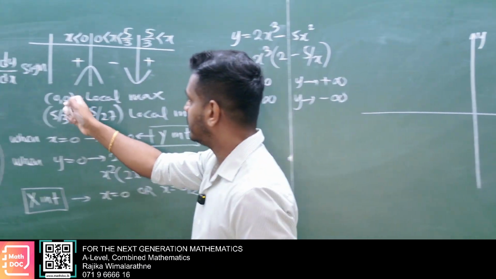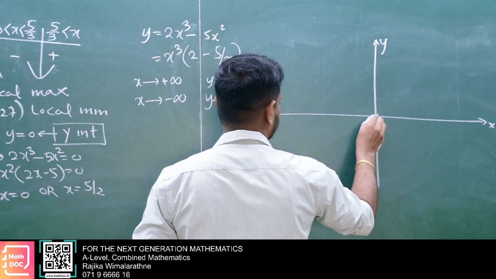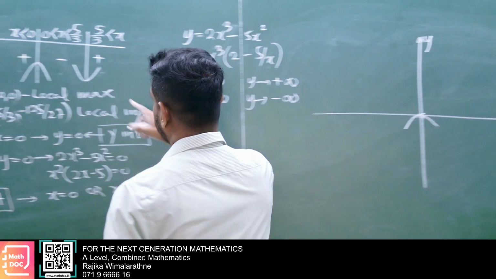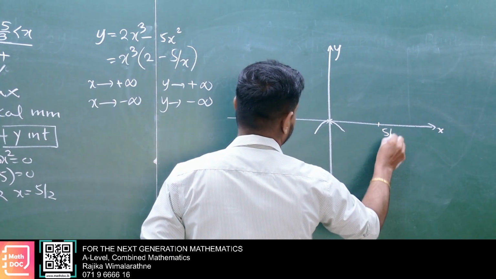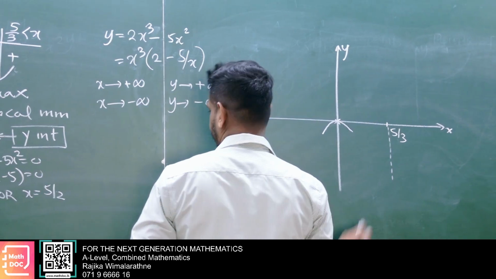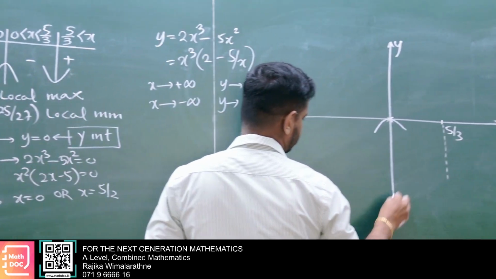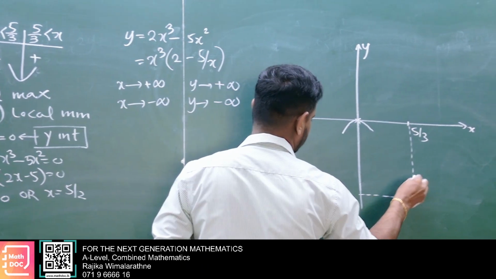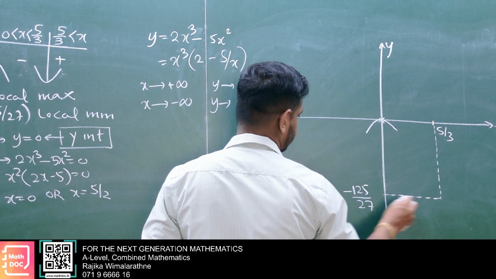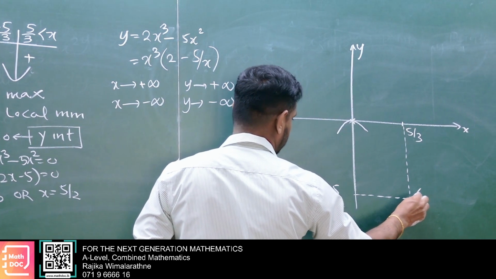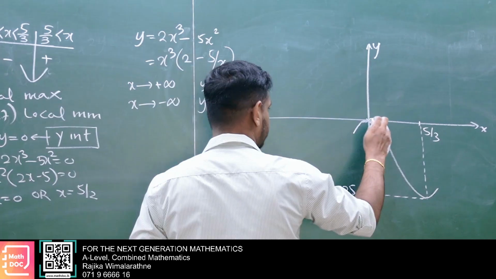Here 0, 0 is a local maximum. Then 5 thirds somewhere here, corresponding y value minus 125 over 27, you take somewhere here. Local minimum point. Then complete the pattern.